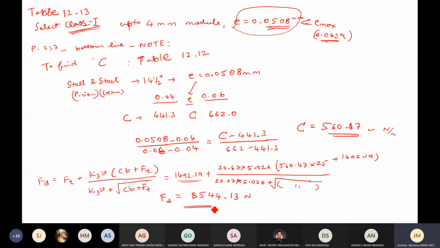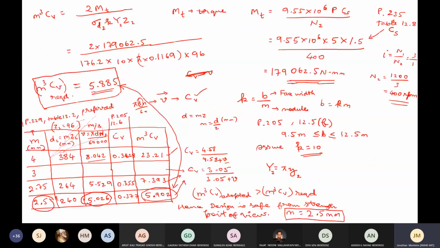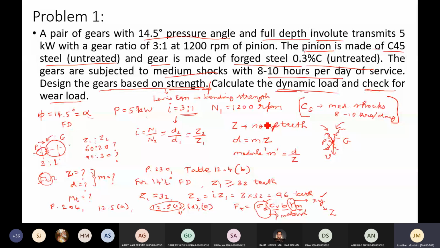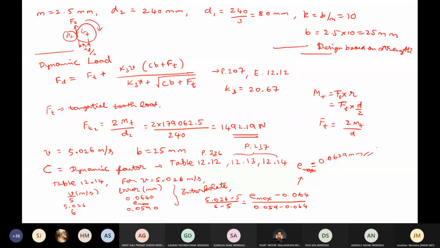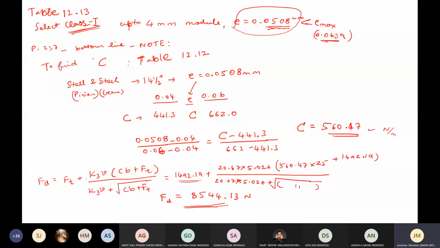Now this is the calculation of the dynamic load. The last part says, okay, let me go back to the equation. We have done strength previously, we have checked for dynamic load, that is also done. The last one is check for wear load. Last part is check for wear load. Okay, I think I need to add one slide here, hold on.